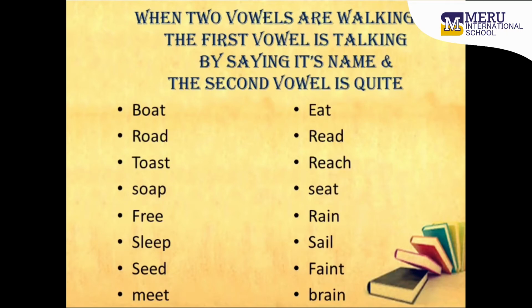You might have observed that in all these words, only one vowel is giving its sound and the other vowel is silent. So this is the third rule where two vowels are together, only the first vowel will give its sound and the second vowel will be silent.